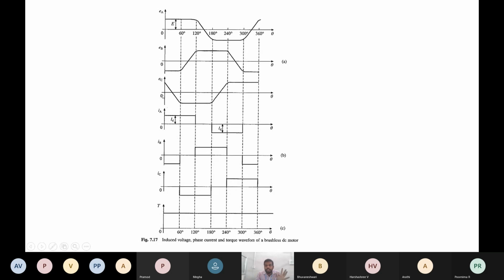These are our induced set of voltages for phase A, phase B, phase C, and IA, IB, IC, which are our phase currents. T is our torque.